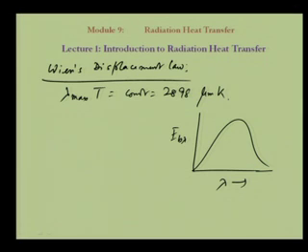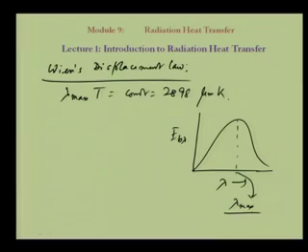For a surface at a particular temperature, the emissive power peaks at a wavelength we call lambda max, the wavelength which gives the maximum emissive power.